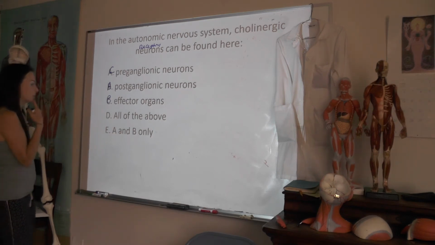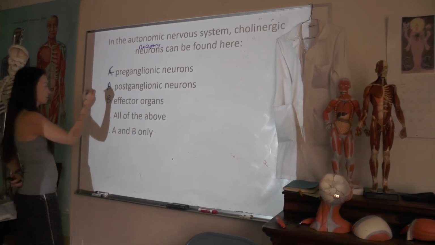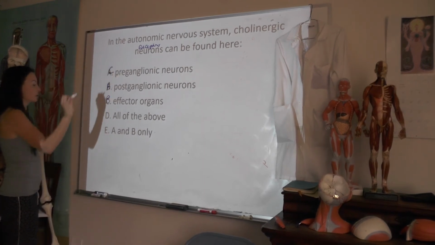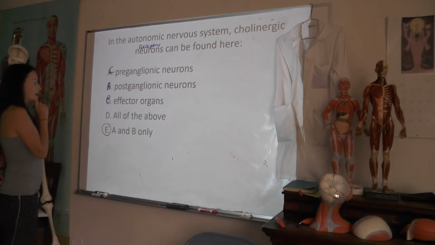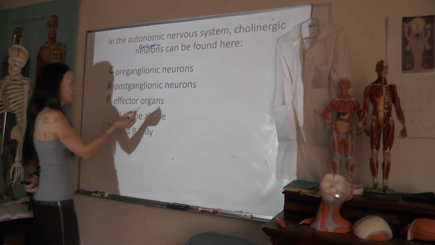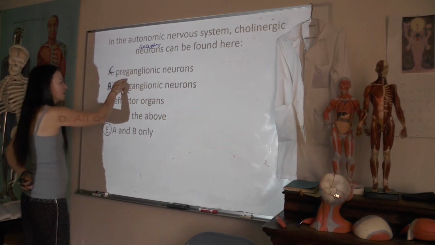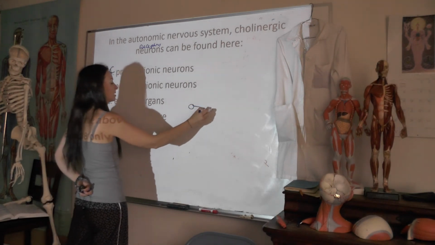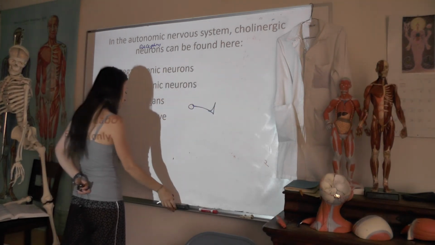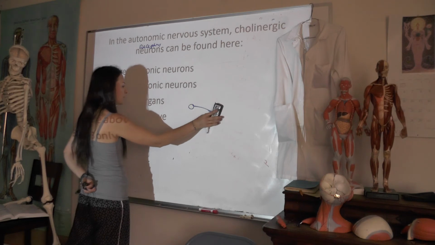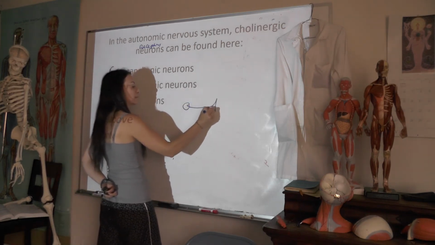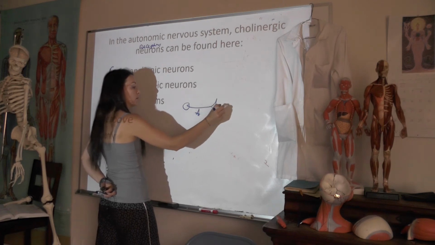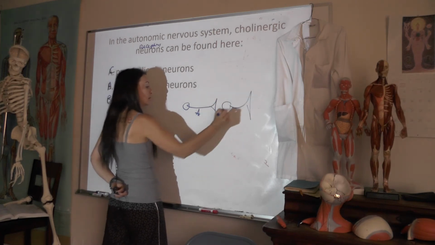Think about what we've talked about. And I changed this all because now, if this were the question, then the answer would be A and B only. Why? Well, we haven't talked at all about the receptors that are on preganglionic neurons and what they're responding to from higher brain centers. So we're not going to talk about that right now. What we have talked about is what type of neurons preganglionic neurons are, and what type of neurons postganglionic neurons are.